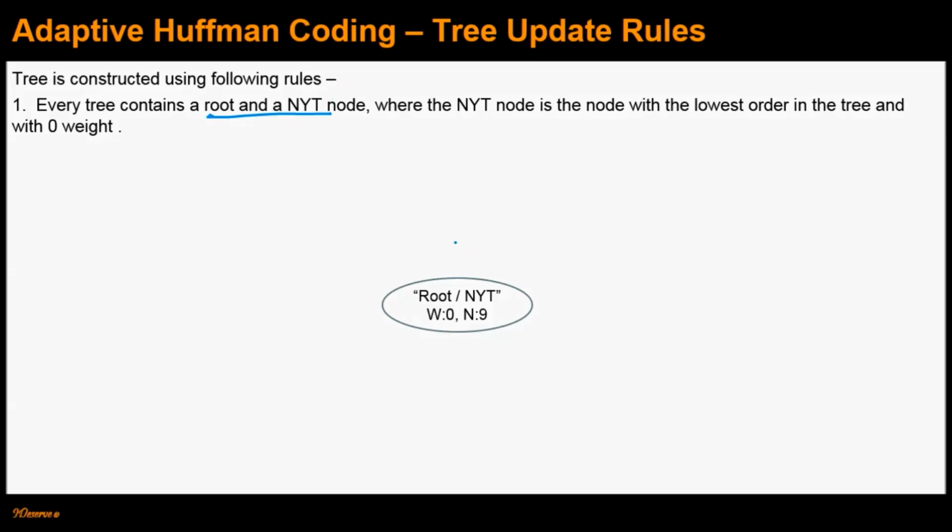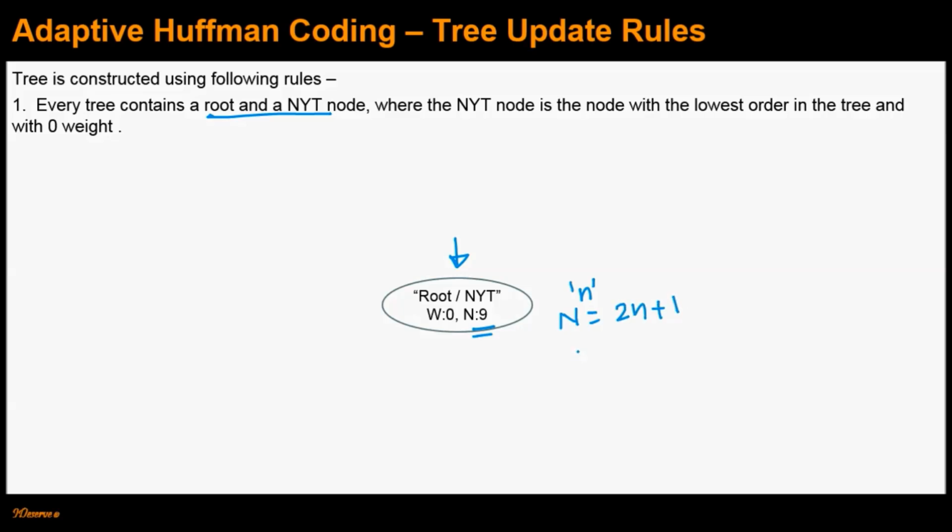So the initial state of the tree would be this state, where the root node and the NYT node would be the same. The weight of that node would be 0. And this N, how can we find this N? If we know that there are n unique symbols that are going to appear in the input, then this N is initialized to 2n plus 1.